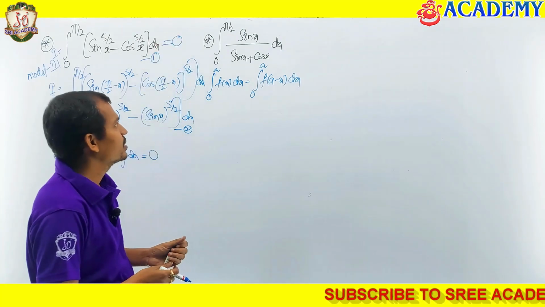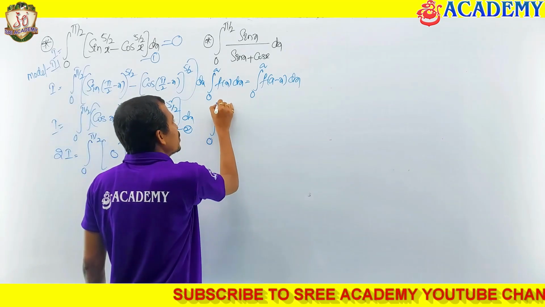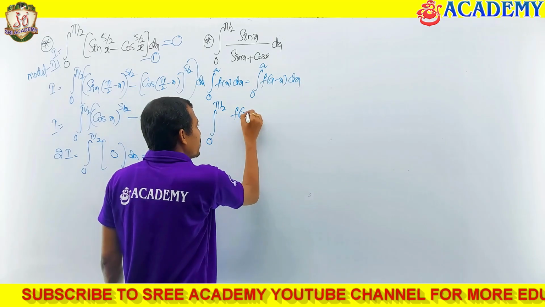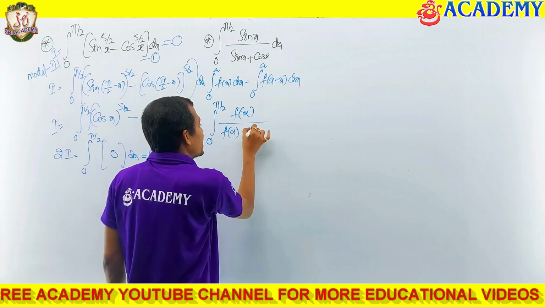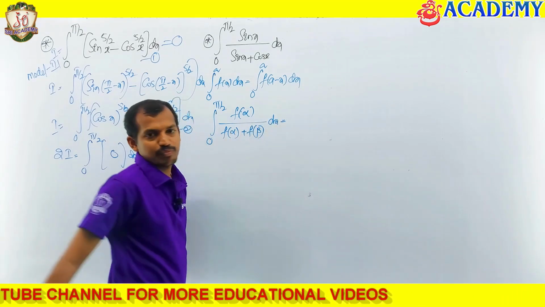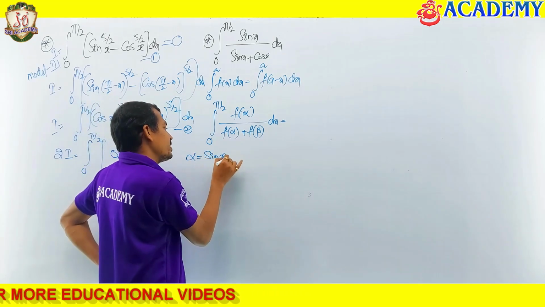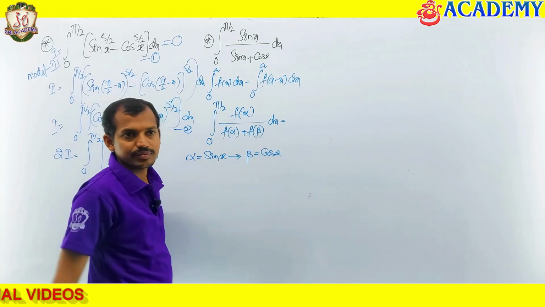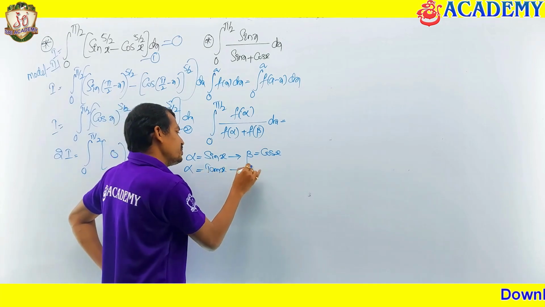Why? Because I am writing one form here, integral 0 to π/2 f of alpha divided by f of alpha plus f of beta dx. If alpha equal to sin x, beta is going to be cos x. If alpha is tan x, beta is going to be cot x.